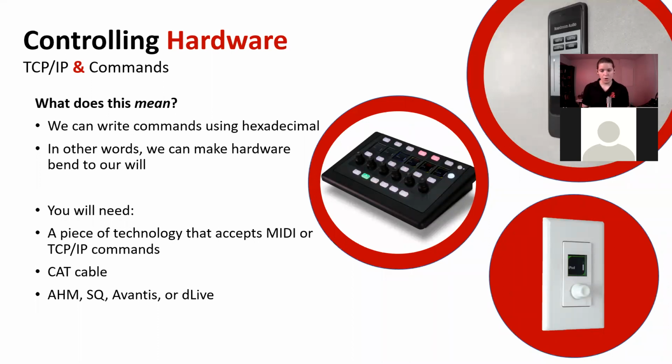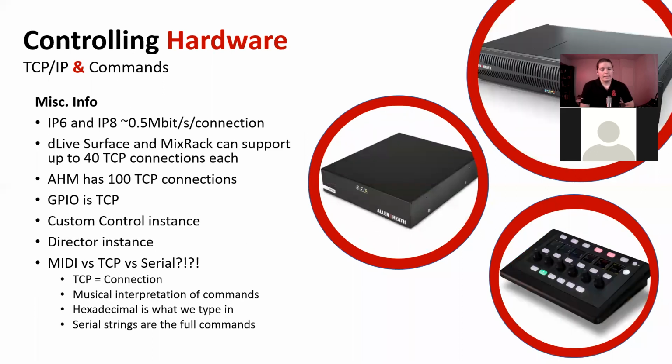So okie dokie. Let's get through all these good pieces of information that, if you ever have a weird fact game, you can pull out like a party trick. If the conversation gets boring, you can talk about how the IP6 and the IP8 are only running at about half of a megabit per second per connection.